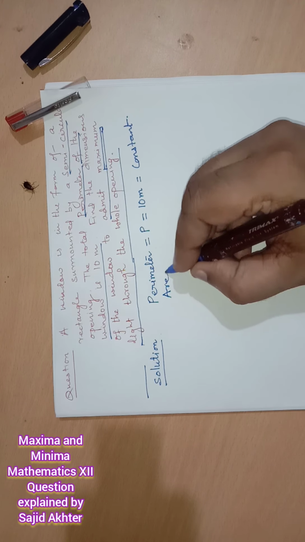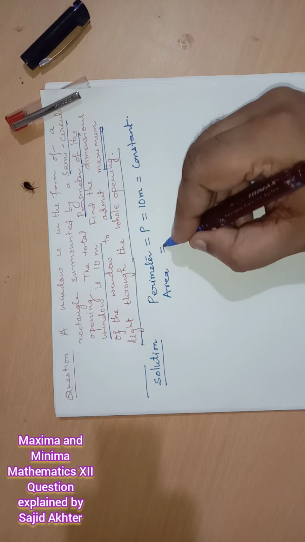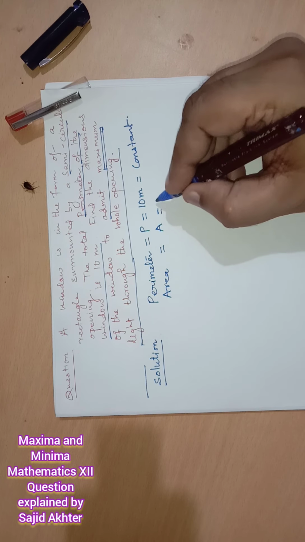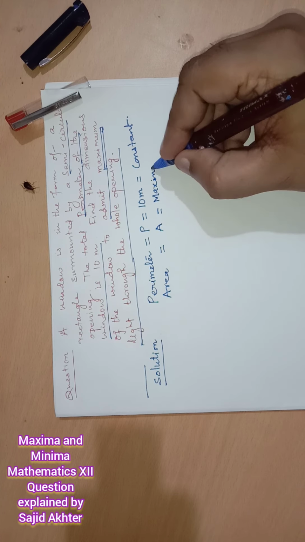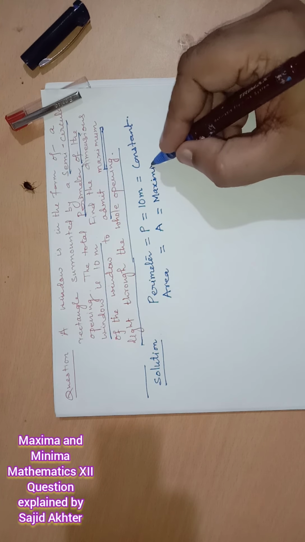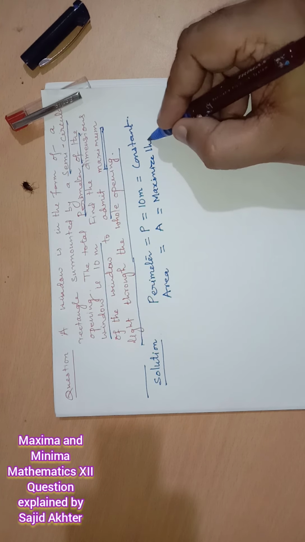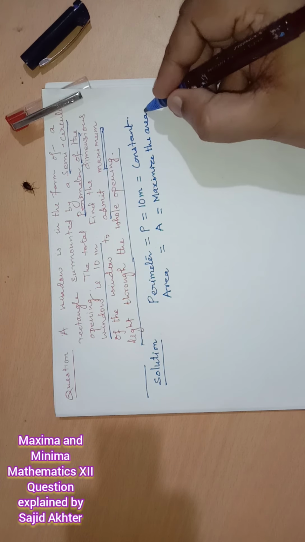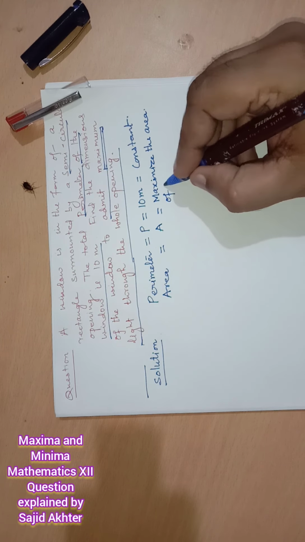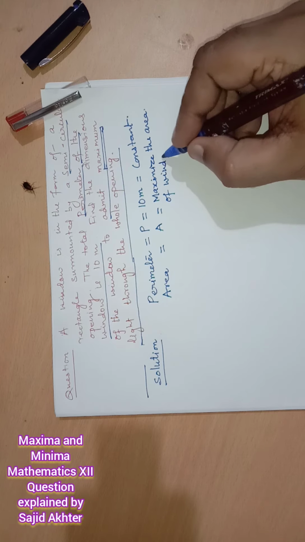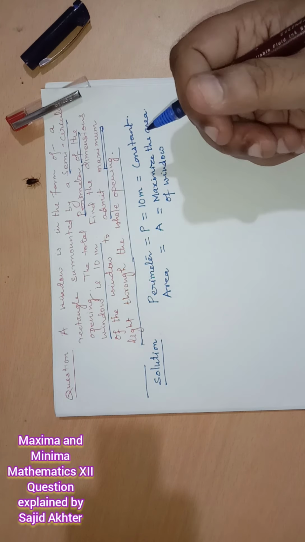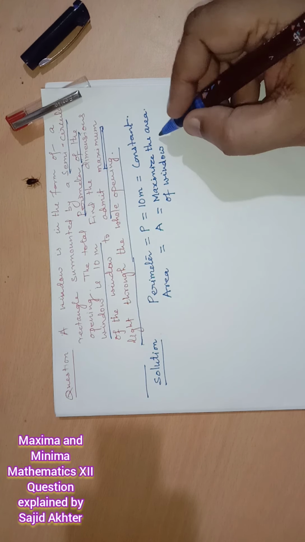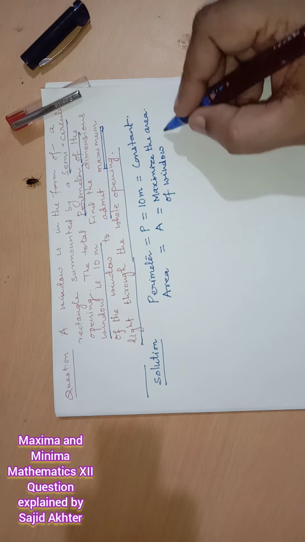So suppose the area of the window is taken as A, and we have to maximize the area of the window, because when the area of the window is more, more light will enter into it. So area is the function.